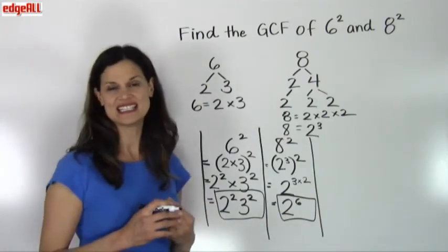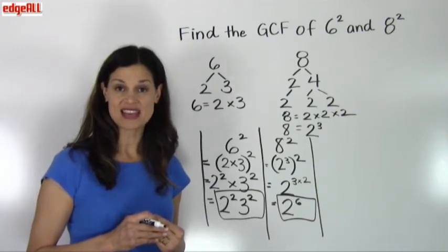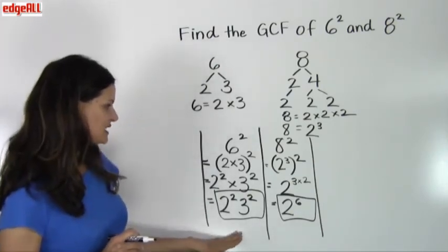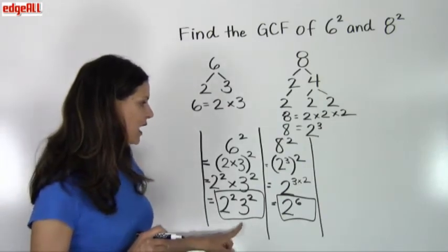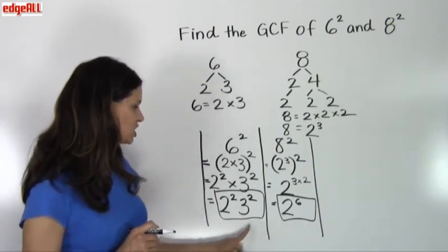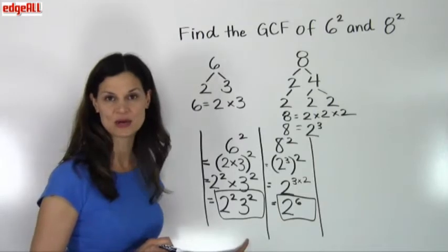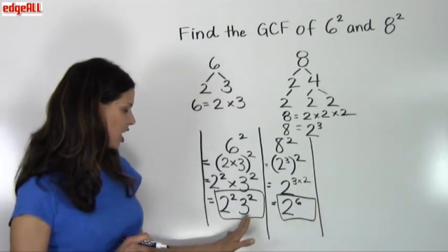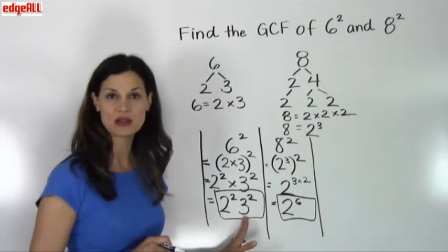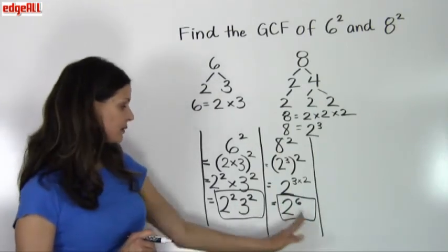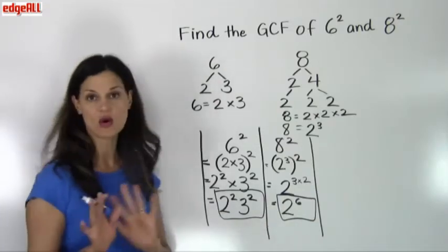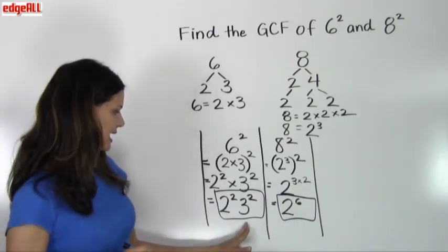So our third step in finding the greatest common factor is that the greatest common factor is determined by finding the prime factors that are shared by both numbers. Right away, I can see that this number over here doesn't have the prime number 3 at all. So the prime number 3 is not shared by both numbers, so we're not going to have any 3 in there.